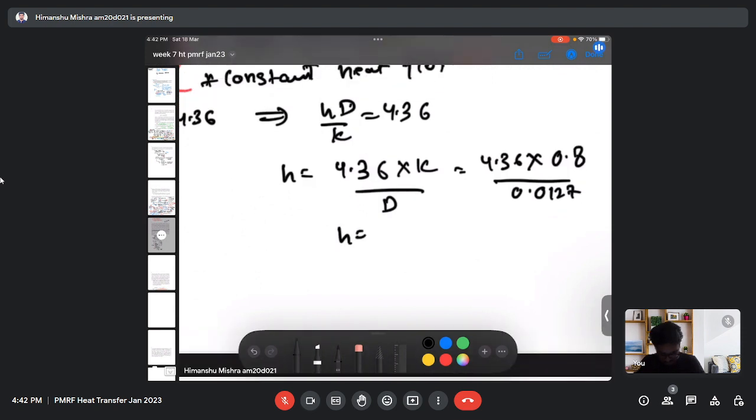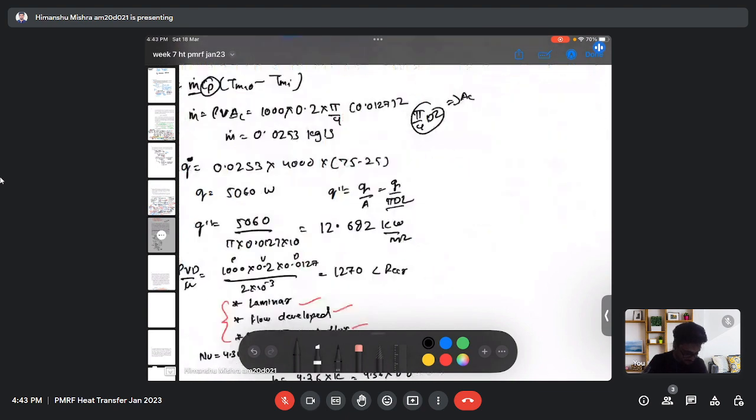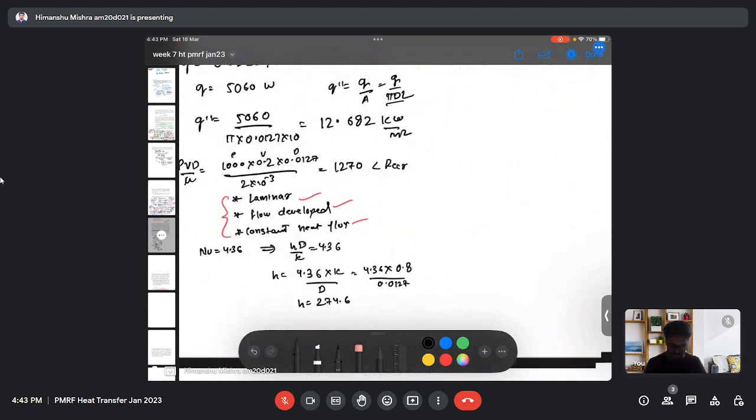So my heat transfer coefficient is 274.6. And we need to determine the surface temperature at the tube exit.